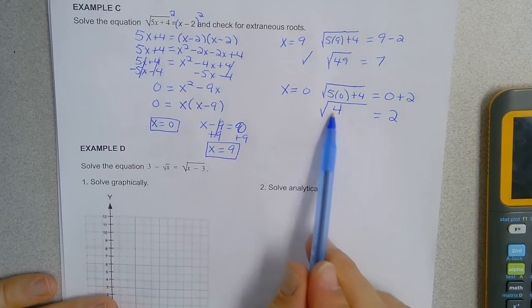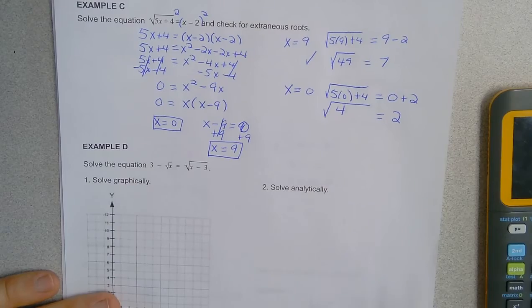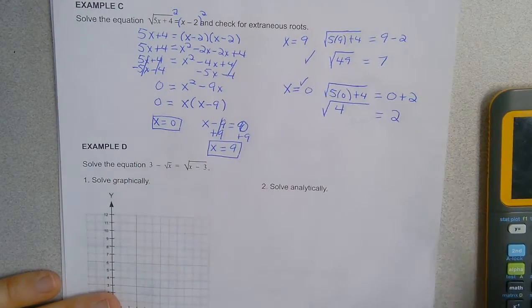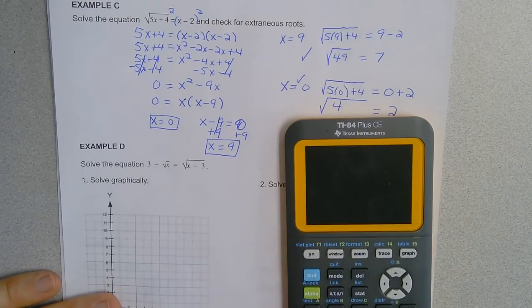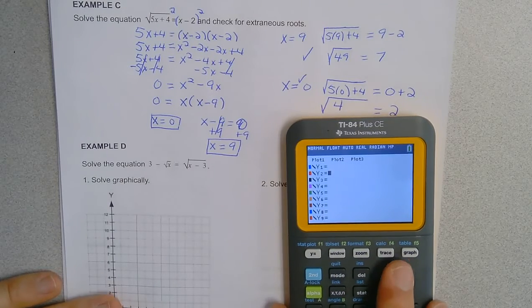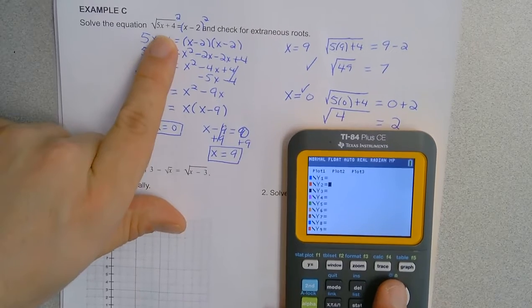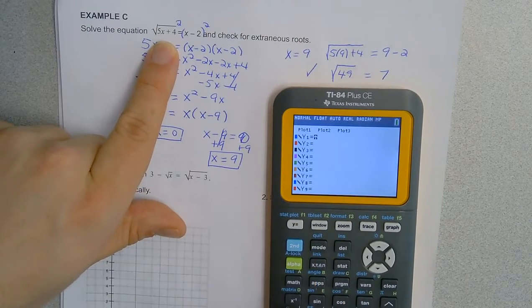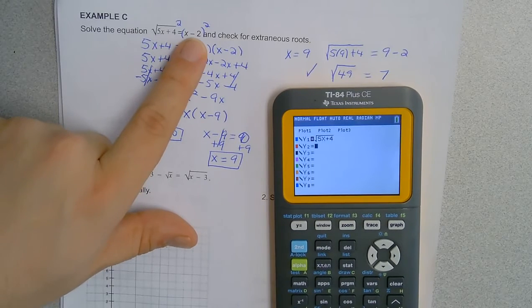So it looks like both of our equations are solutions, and we can verify graphically. So if I just turn on my calculator, clear out the solutions that are in there. On the left-hand side of the equation, I'm going to put in the square root of 5x plus 4. And then down here, we're going to put in x minus 2, and then graph those.